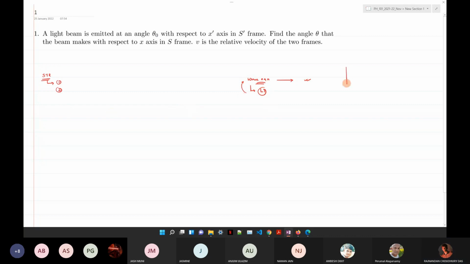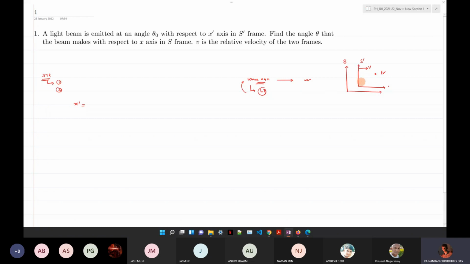For that, the convention is like this. Suppose we have a stationary frame S and we have one more frame which is moving along the x direction, moving at speed v with respect to the stationary frame S. And if you denote a point in S prime as x prime, y prime, z prime, and t prime, and if you measure the same point from S, the relation between x and x prime will be like this.